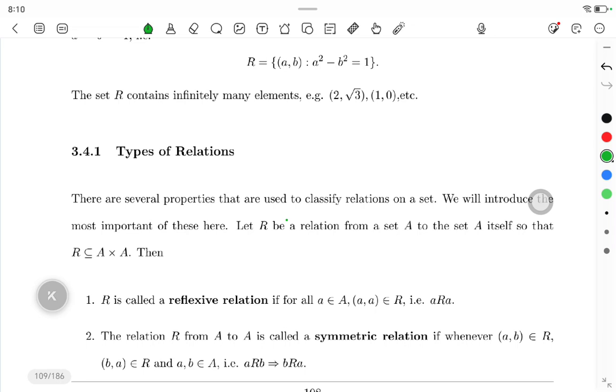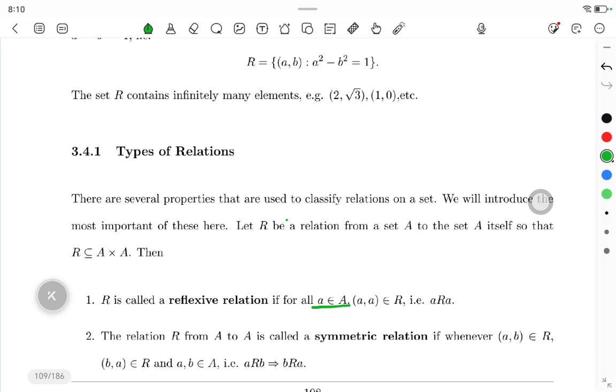I'm sure, by the way, that for the term reflexive we must know what it means, right? Now, for the definition, we're saying that R is called a reflexive relation if for all A from a certain set, we say the set is A because we don't want to define any set.